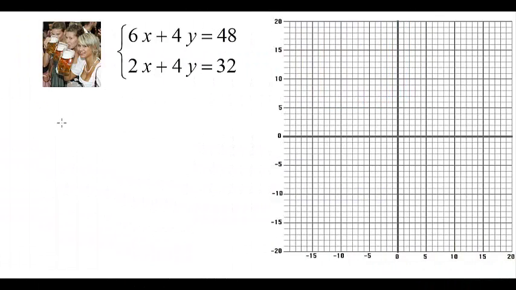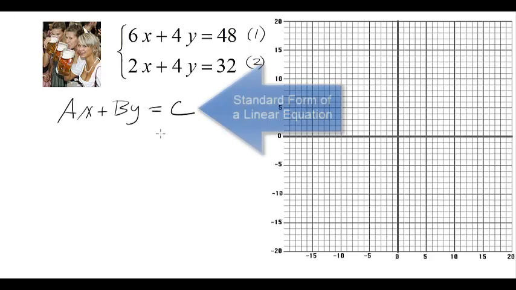So let's examine these two equations a little more closely. Here is equation 1 and equation 2. Both of these equations have a form that should be familiar to you. The form I'm referring to is ax plus by equals c. This is the standard form of a linear equation.